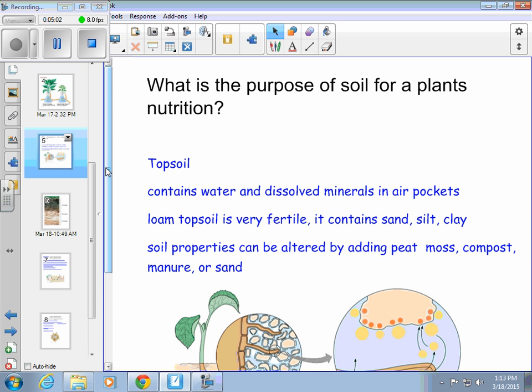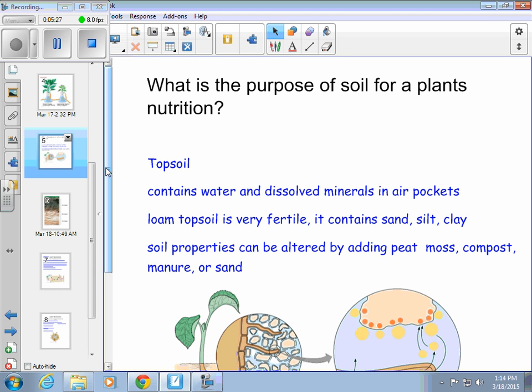Loamy topsoil consists of very small particles, and those small particles help it to retain water and minerals, but there are also some large pockets of space which enable water to be in those spaces, but it also allows a lot of diffusion of oxygen into the roots of the plant.